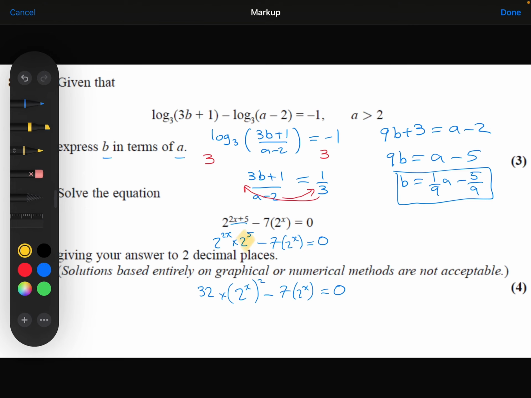Which is useful because this now matches up with this, and I can do some factorising. So if I factorise 2 to the power x outside here, I'm left with 32 lots of the 2 to the power x minus 7.